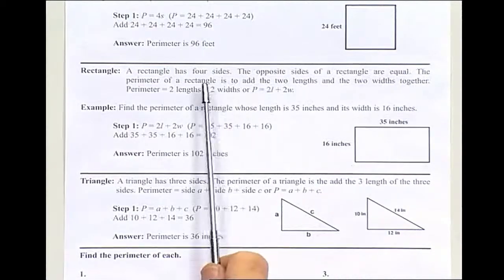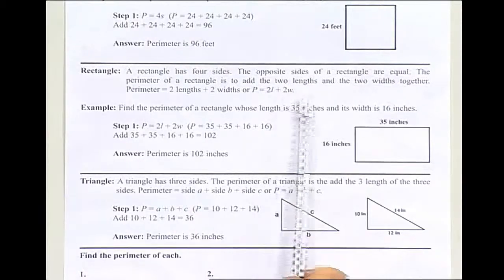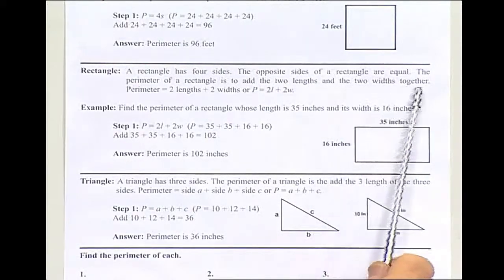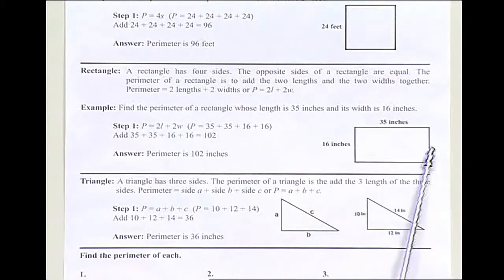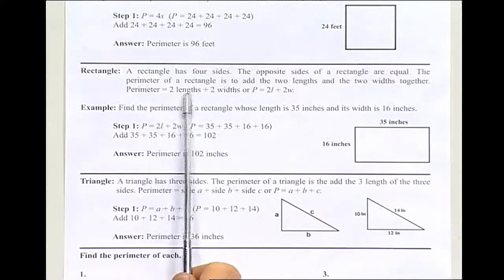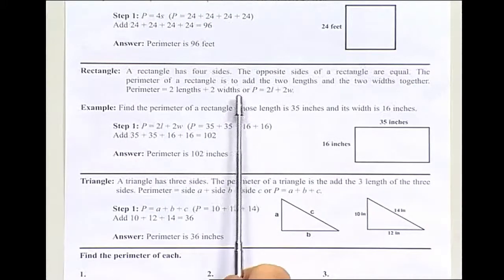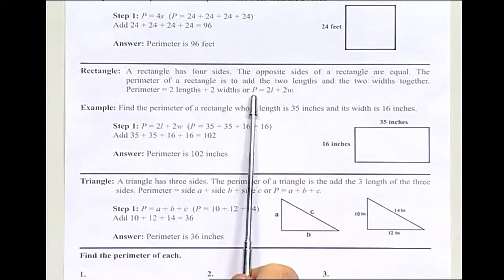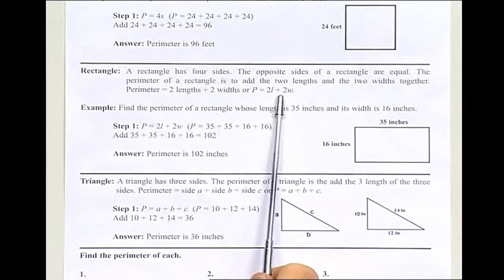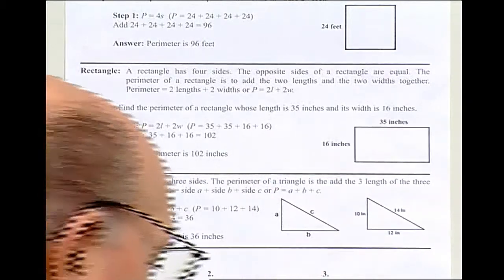The perimeter of a rectangle is to add the 2 lengths, 35 plus 35, and the 2 widths, 16 inches plus 16 inches together. So perimeter equals 2 lengths, 2 lengths over here, plus 2 widths, that's these sides. Or P equals 2L plus 2W.